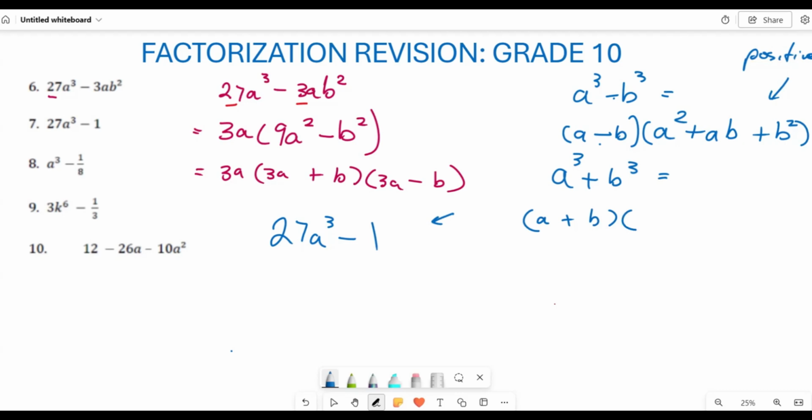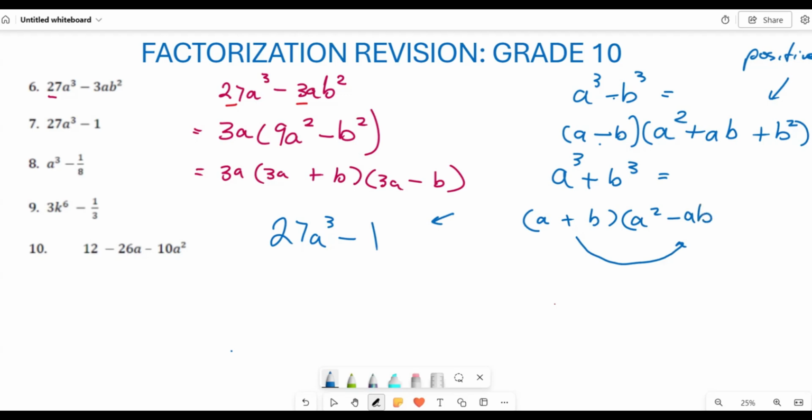But now let's look at this one. From here, what is it then that you are going to have? We are going to start from here. Remember, here we are going to have a squared. The sign that you have here must always be the opposite of the sign that you have as your second term here. So this is going to be minus ab.